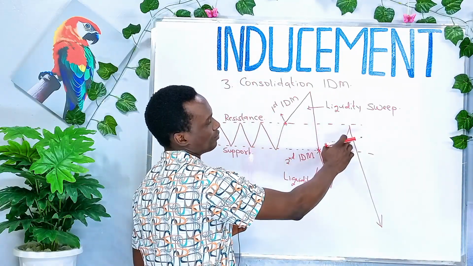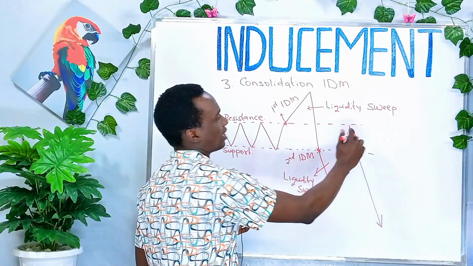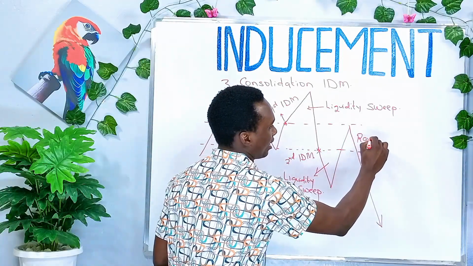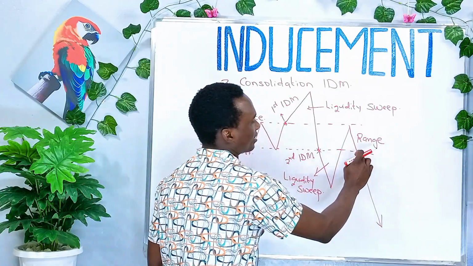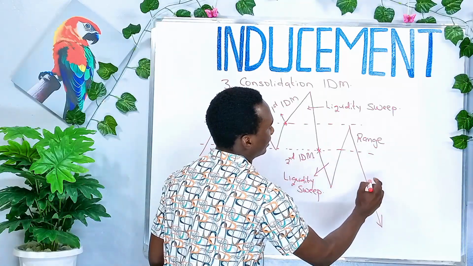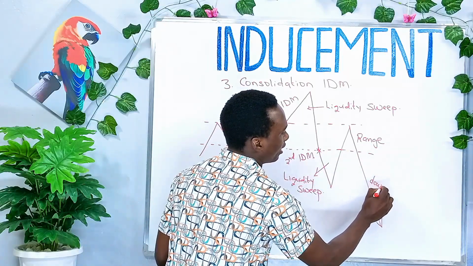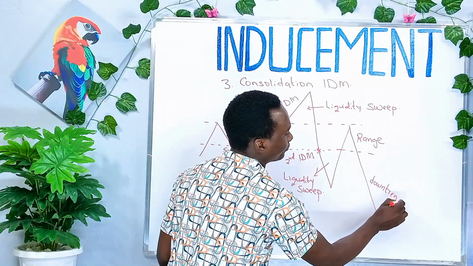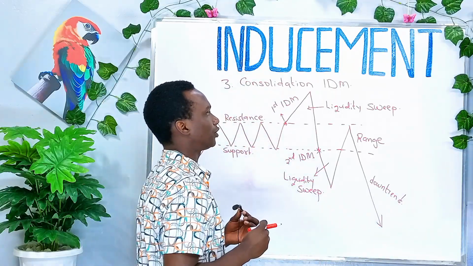The price comes into this range and breaks this support level again, and it proceeds in a downtrend.